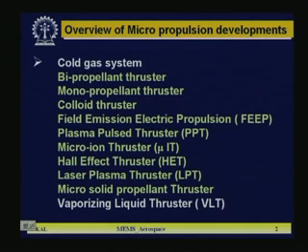Now, micropropulsion developments proceed day by day like this. Initially it is a cold gas system, then it switched over to bipropellant thrusters, that means not a single material but a mixture of materials, either solid or liquid, then monopropellant thrusters, then colloid thrusters.